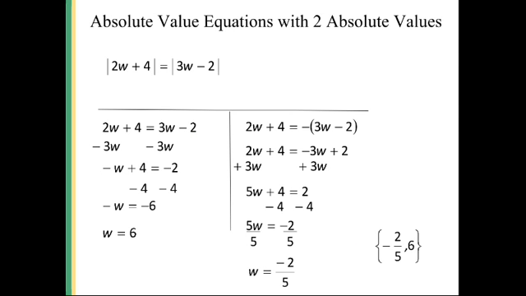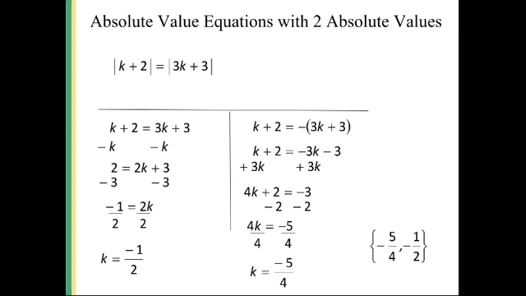So it gets a little bit complicated, but not really, because remember that in this case 3w minus 2 is our c, and negative c, shown on the right here, is the opposite. So we're going to solve it as usual.